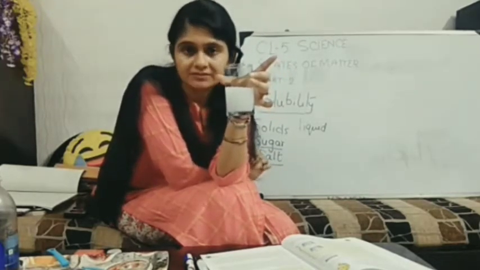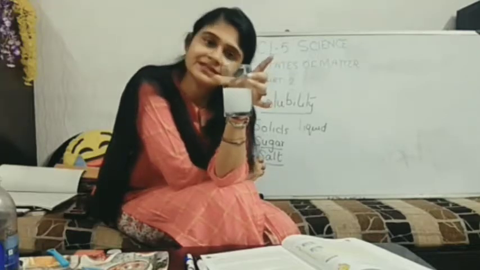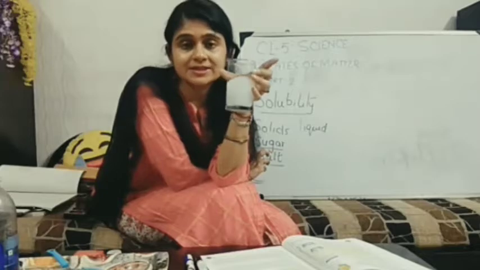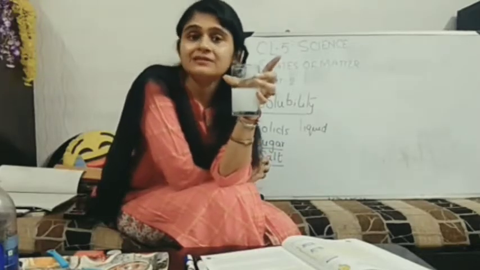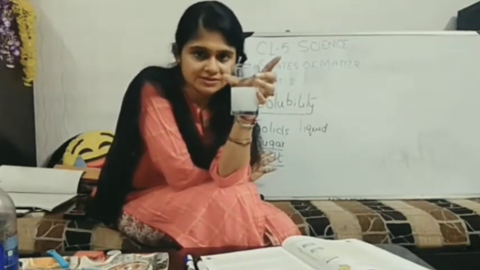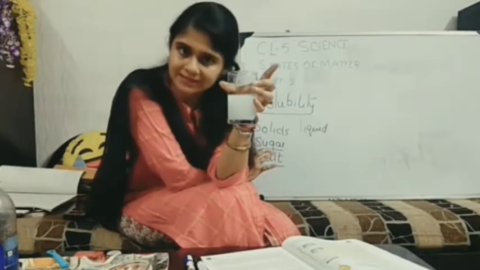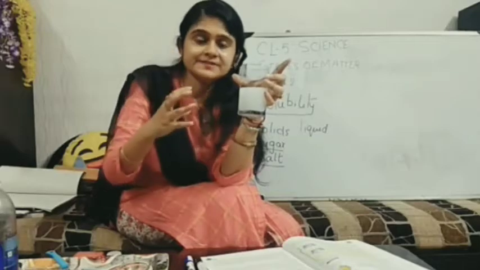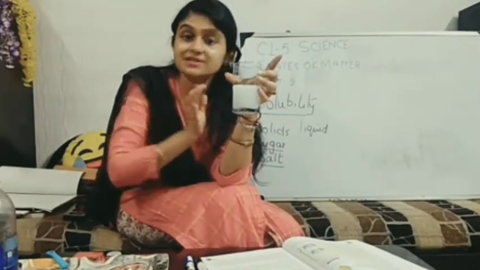You take a few drops of ink, it will get dissolved easily. These are the liquid items which get dissolved easily in water. Solubility. Understood? Solubility of liquid in water. Done? Let's see now the liquid items which do not get dissolved.